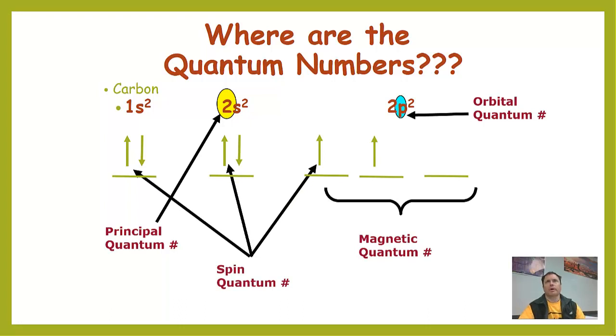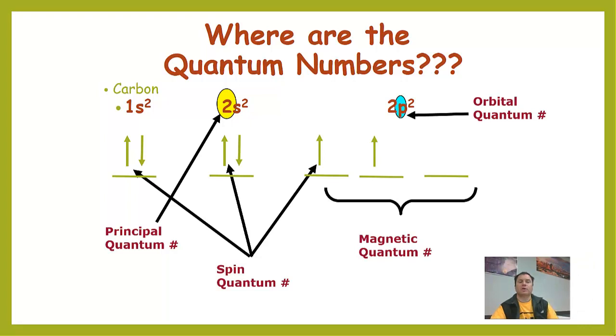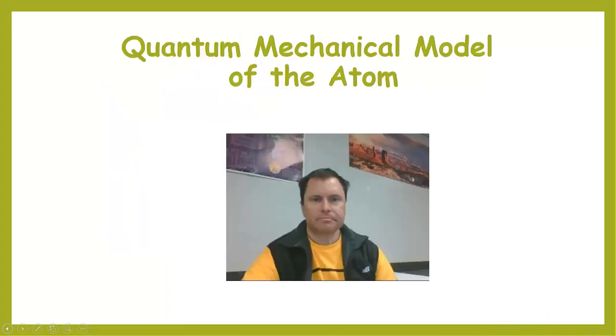Remember I said if you have 2 electrons on a position, they're going to spin in opposite directions. I don't really care for you guys to know if it is clockwise or counterclockwise. Just know that they are opposite. So that's pretty easy. So now we can identify where all 4 quantum numbers are. There's our principal, our orbital, the lines represent the magnetic, and then the spin is represented by the different electrons.